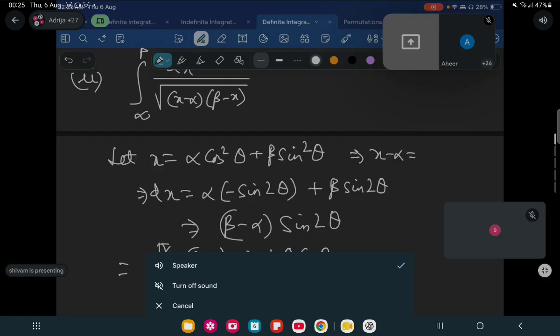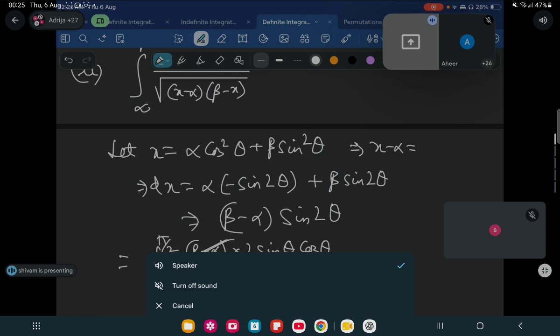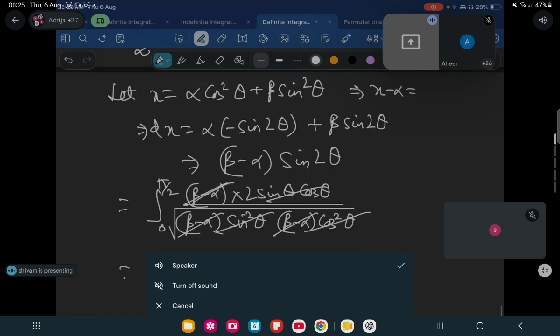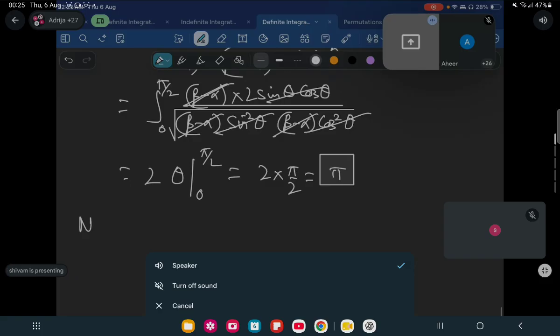And another one will become beta minus alpha into cos square theta. Now see, beta minus alpha will get cancelled. Under root, sine square theta cos square theta will become sine theta cos theta only. These two will get cancelled. You are getting just 2. So 2 into theta, you need to substitute from 0 to pi by 2. Anyone having any doubt, you can ask me. Which will be equal to pi. Okay. So note it down, everyone.